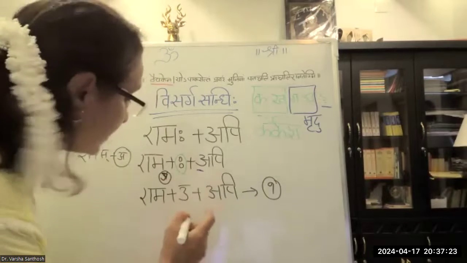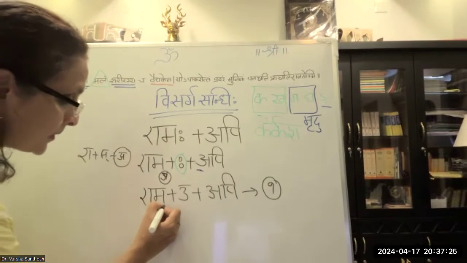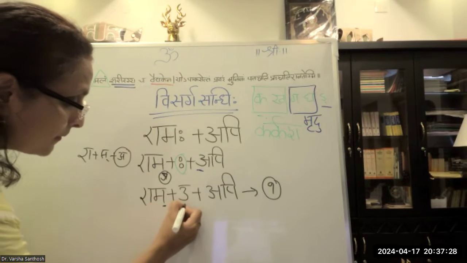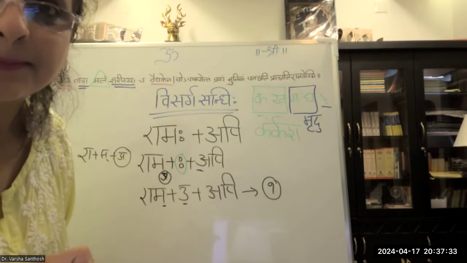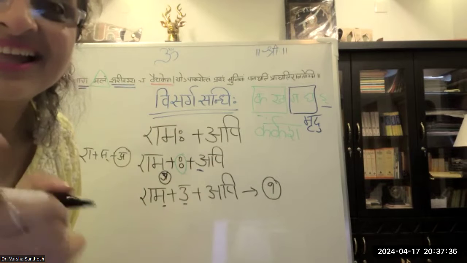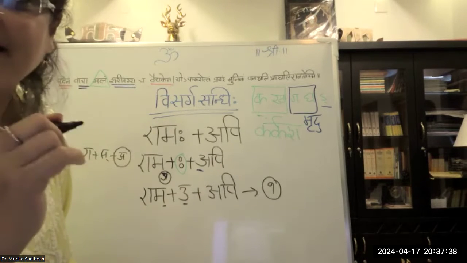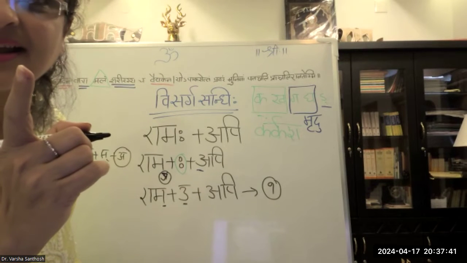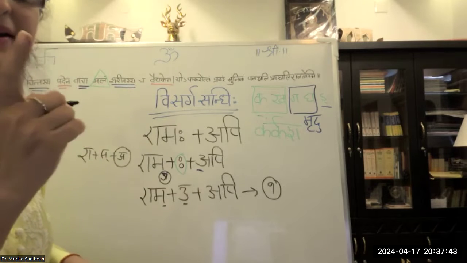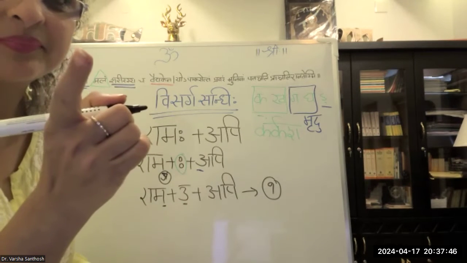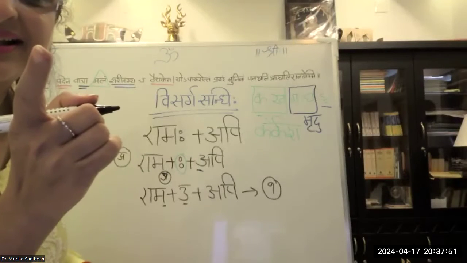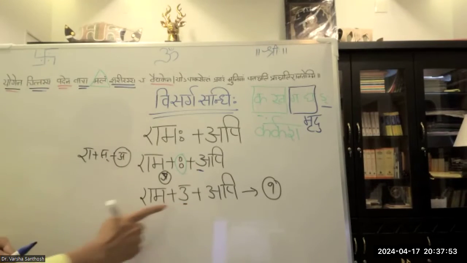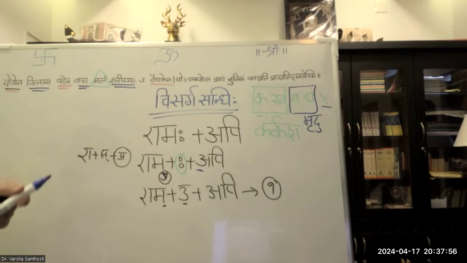Now you tell me, this is Ram followed by U. What happens? Ramu. Ramepi. Ramo, somebody said it right. Who was that? Ramo, Sridevi. Ramo. Yes, Arunji. Perfect. What is the Sandhi name? Guna.